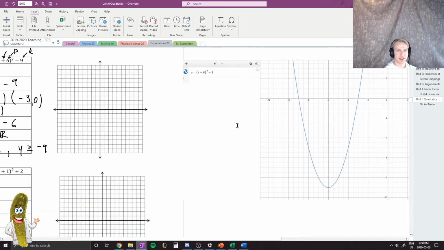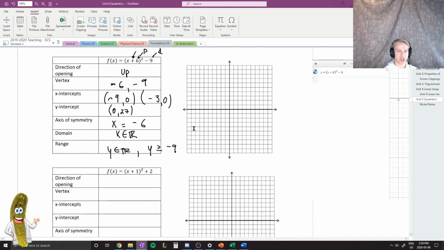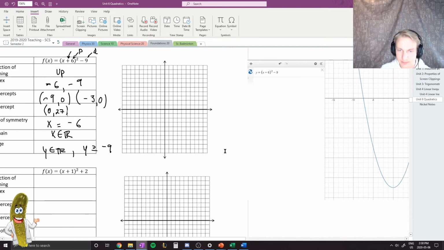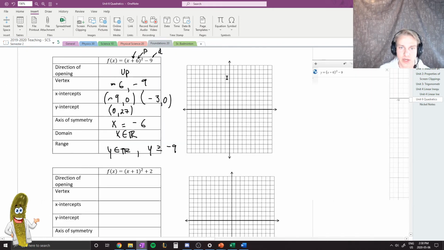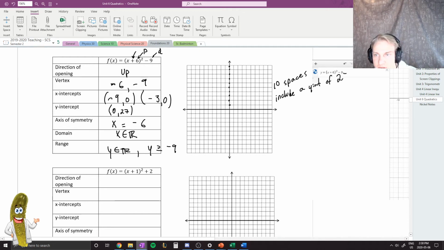I just took a screenshot of Desmos and included that in there, but for sure we could graph it on this little graph. One of the issues you would run into is that if you wanted to show the y-intercept of 27, you only have 1, 2, 3, 4, 5, 6, 7, 8, 9, 10. You only have 10 spaces to somehow include a y-intercept of 27. And so you would need to make each space worth 3.